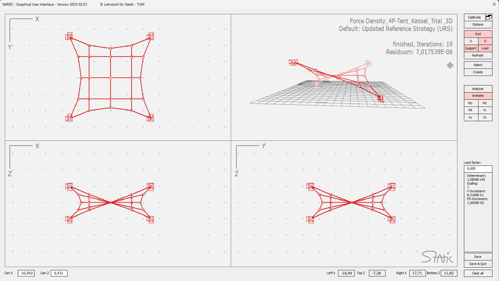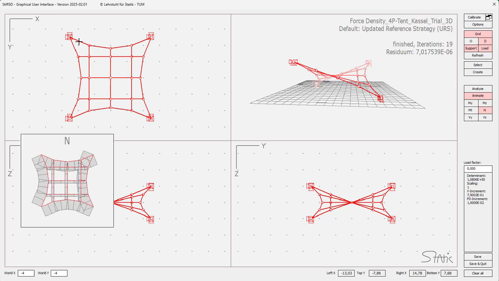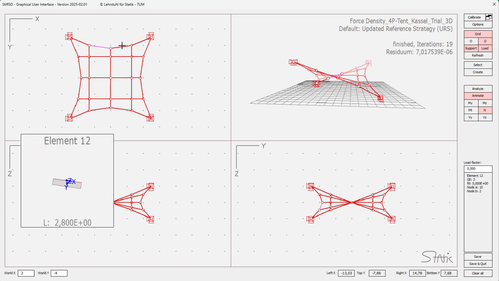It has now converged. And let's check now the lengths of the cables at the edge, and you see indeed we have reached the goal. All of these member lengths are exactly the prescribed value of 2.8. That is convincing, isn't it?